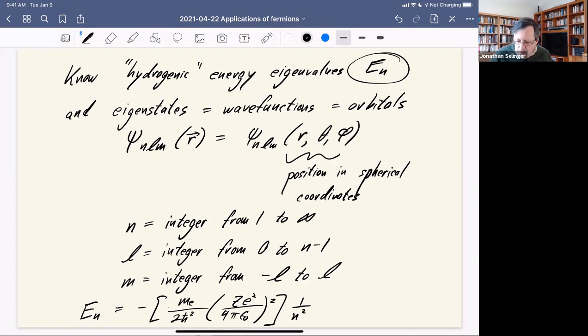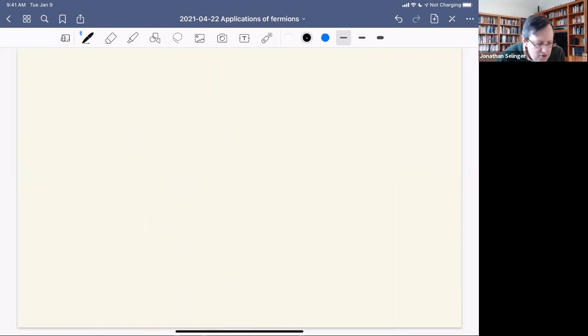So this is a reminder of the solution of the problem for any single electron.